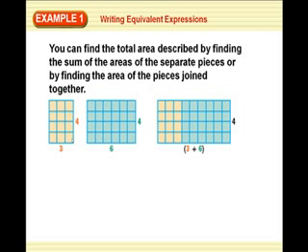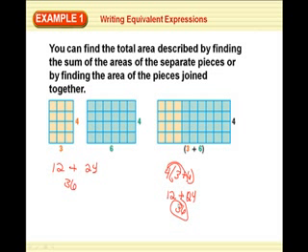You could say the area of this one is 12 plus the area of this one, which is 24, and the answer would be 36. Or you can take 4 times (3 plus 6), kind of like we did in that example. 4 times 3 is 12, plus 4 times 6 is 24, and the answer comes out to be 36. So you can look at it as two separates, or you can look at it as a whole.